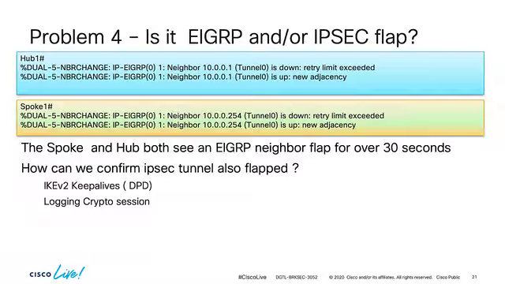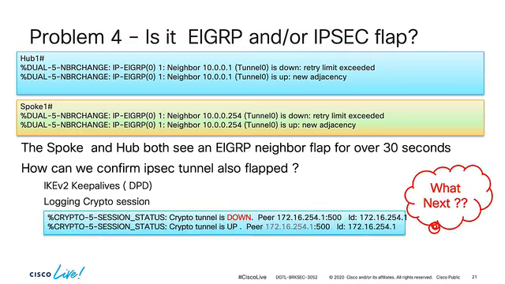It's also important that you log the crypto session. Once you enable logging of the crypto session, what you would see in the syslogs is a message which says crypto tunnel is down and up. So it looks like the crypto tunnel is flapping.